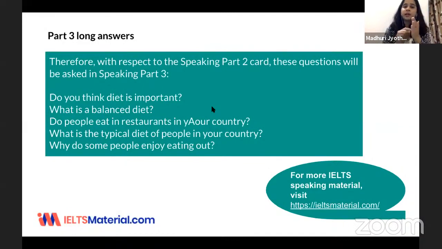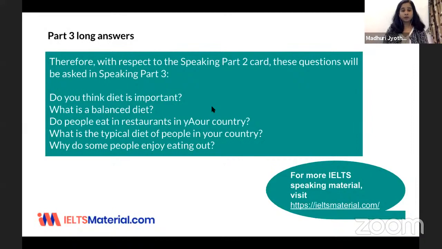You don't have to write long sentences in your notes, because you get 1 minute to create content, right? So whatever notes you've made, just write 1 or 2 words to glance through. Yes, there are books that will help you with sample answers, and there are ebooks available on IELTSmaterial.com, where you can find band 8 and band 9 answers that you can utilize.